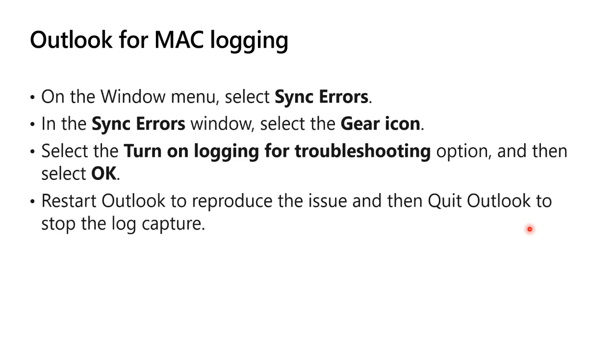On the gear icon, there's an option to turn on the logging for troubleshooting. So this is equivalent to the advanced logging that we collect on Outlook for Windows. As soon as you enable this, it requires you to restart and then reproduce the issue in order to capture these logs. Again, you can collect these logs in order to send them to a Microsoft support representative in order to analyze this further.